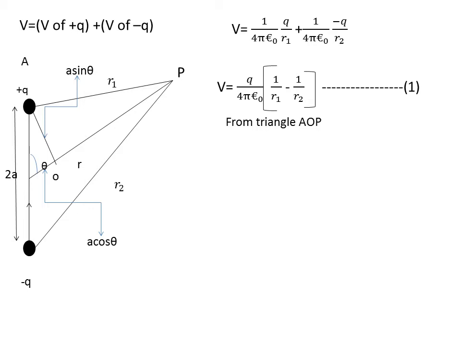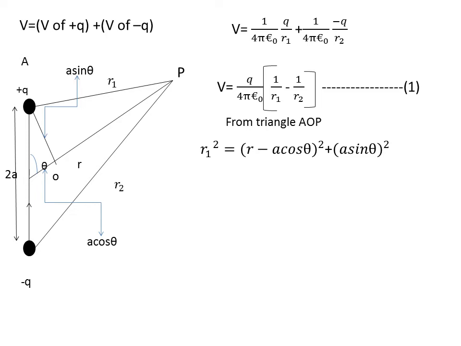We are going to apply Pythagoras theorem to this triangle. So hypotenuse square, that is r1 square, is equal to base of the triangle OP, that is total distance from center to P, r minus a cos theta, the whole square, plus perpendicular of the triangle a sin theta, the whole square.